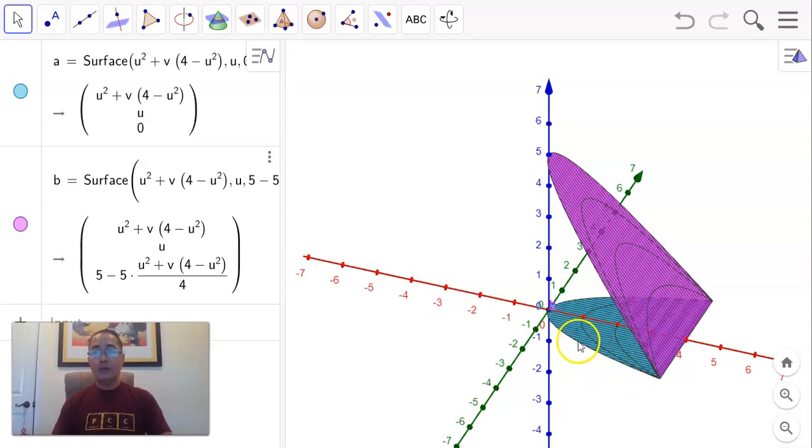And as I walk, I want to trace all the z values from 0 up to this plane, which is 5 minus 5x over 4. Keep forgetting. So what is the command? Let me scoot over here.